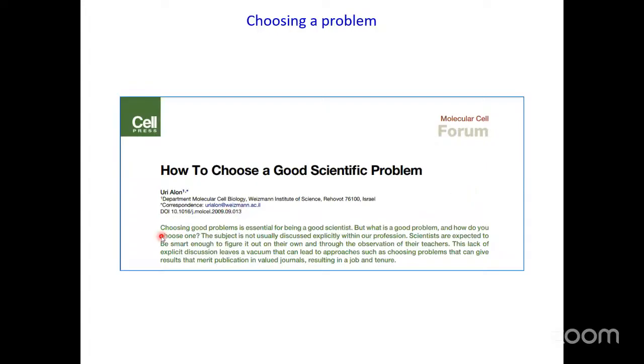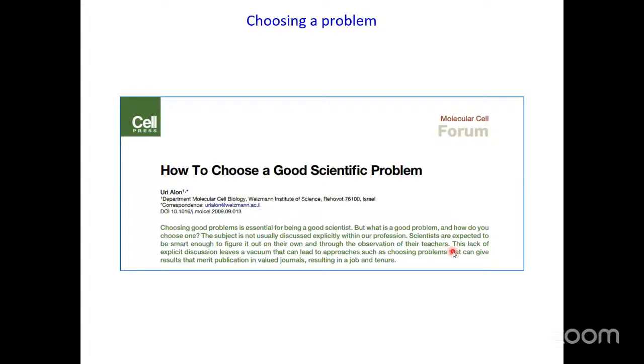If I read it out: choosing good problems is essential for being a good scientist. But what is a good problem and how do you choose one? The subject is not usually discussed explicitly within our professions. Scientists are expected to be smart enough to figure it out on their own and through the observation of their teachers.